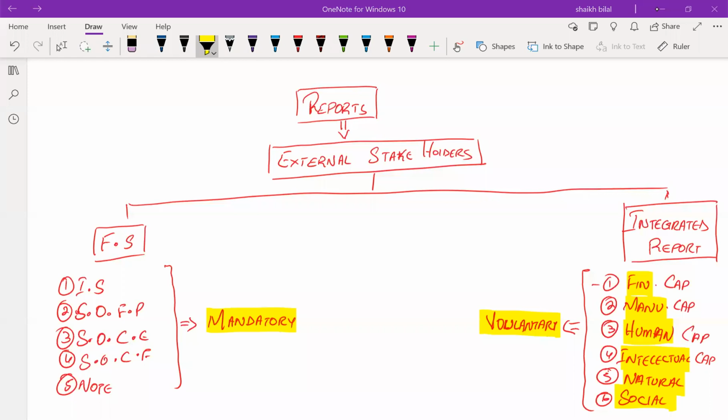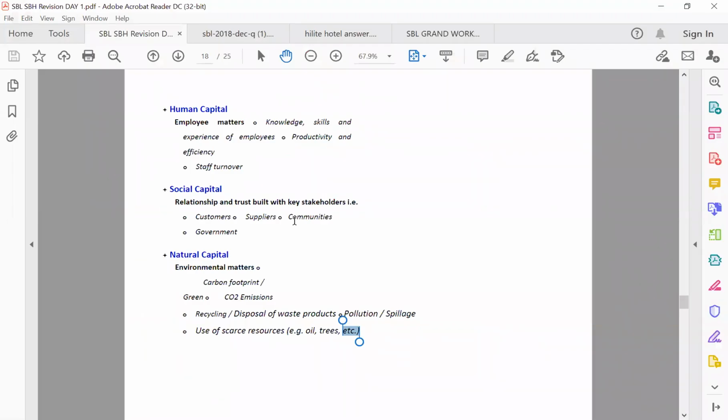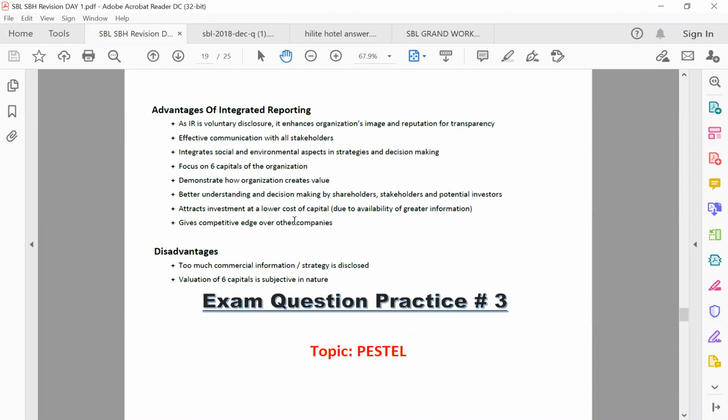Let's move forward and see the next part, because what I want today is to quickly jump into the question area so that we can solve our questions there and then. As integrated reporting is a voluntary disclosure, yes, we know that integrated reporting is not something which is mandatory. Rather, it is voluntary.